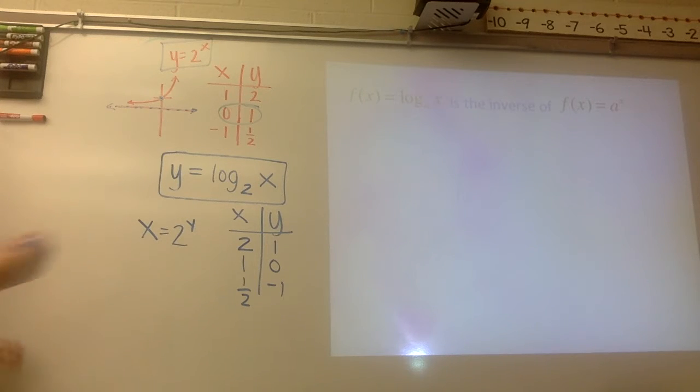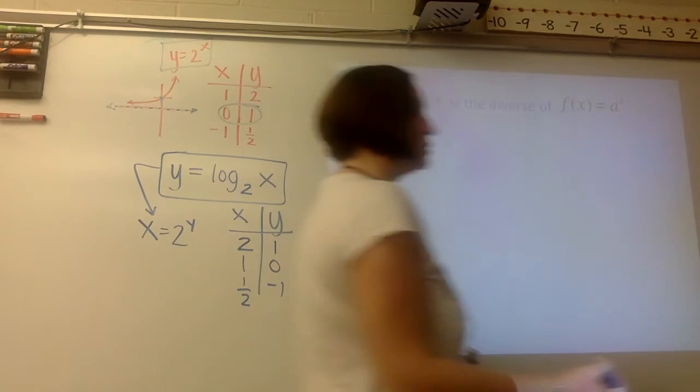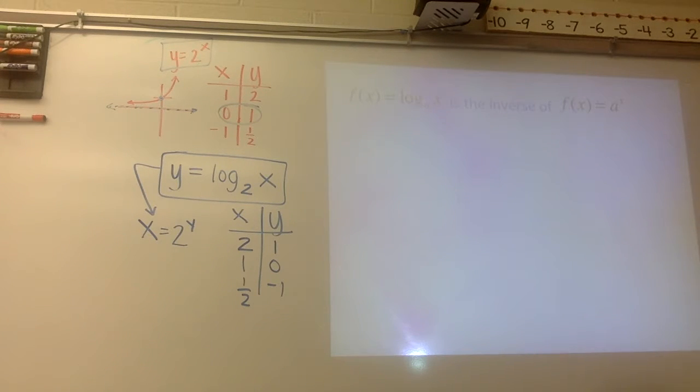What I need you to do is connect this. That y is equal to log base 2 of x means what is the exponent of 2 that gives me x? It's the y values. So you're literally substituting in the y's to figure this out. You're going to say, okay, well, that's fantastic.